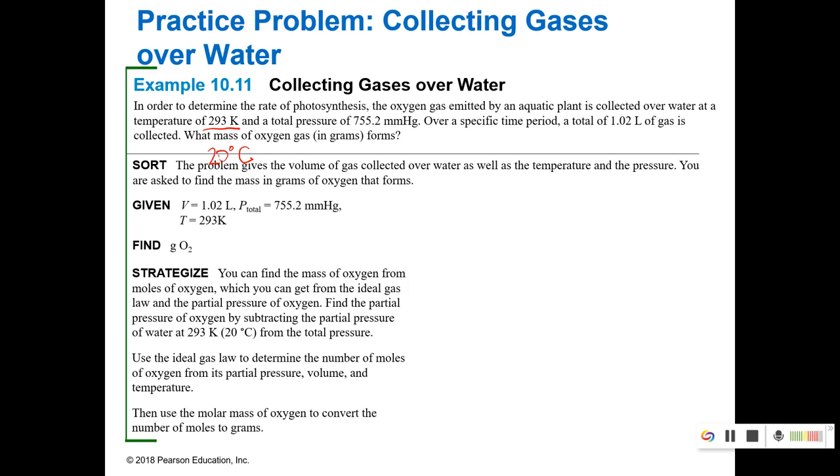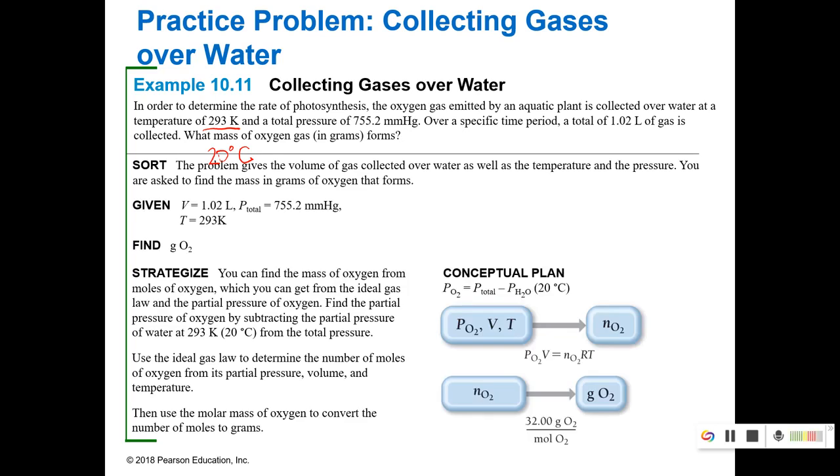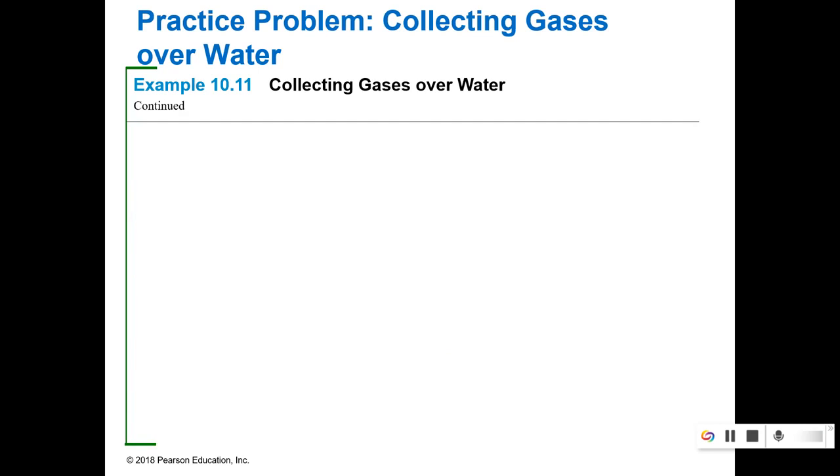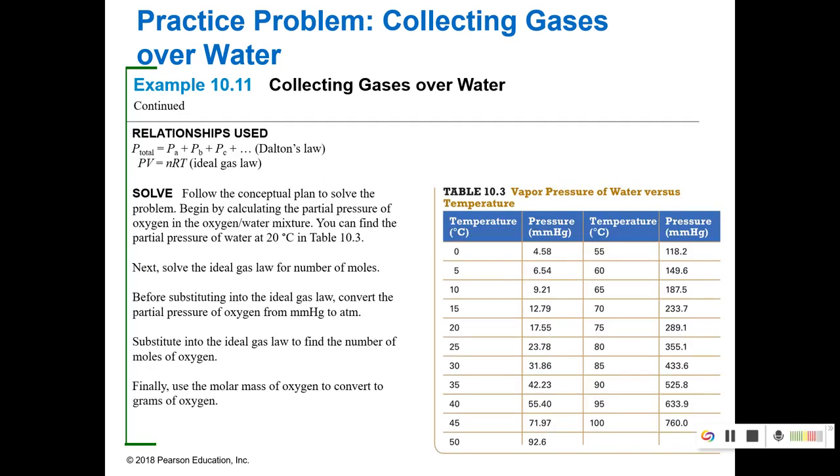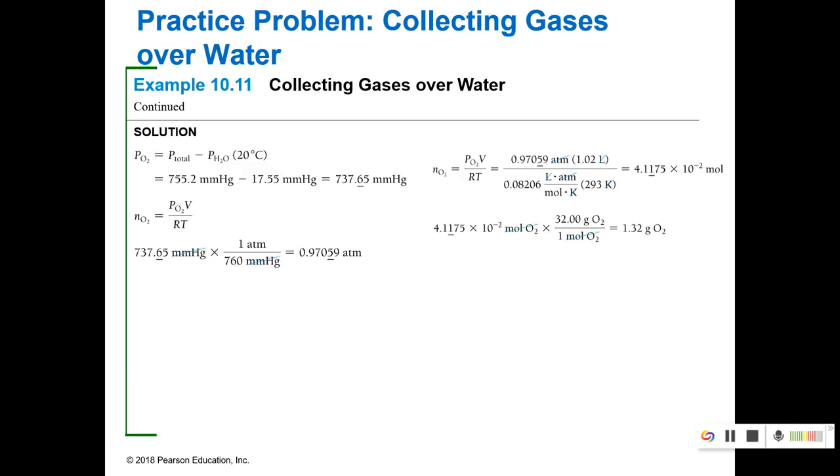All right, so we do need the pressure here, 17.55 millimeters of mercury, that we need to subtract from that initial value of 755. This is our partial pressure of oxygen here. That doesn't include the water vapor. And then we just do an ideal gas law, and then we convert to mass.